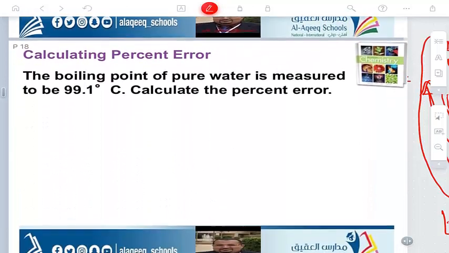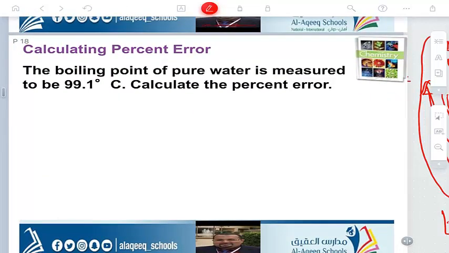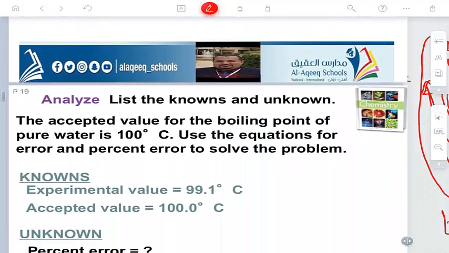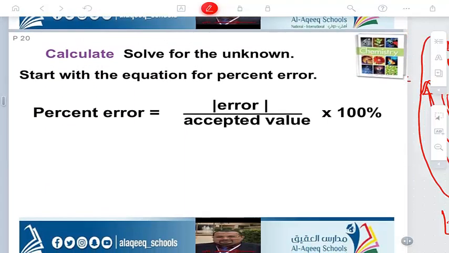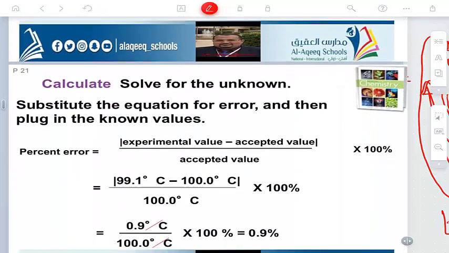Let's see this. You have boiling point 100, but you measured 99.1. We need to calculate the percent error at this moment. How? Look. This is the rule: the absolute value of the error divided by the accepted value times 100%.